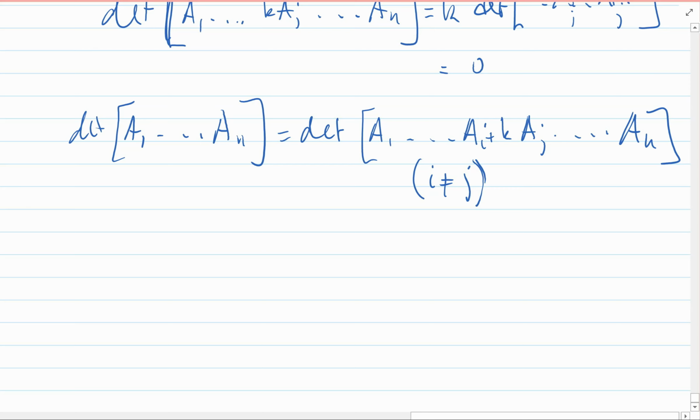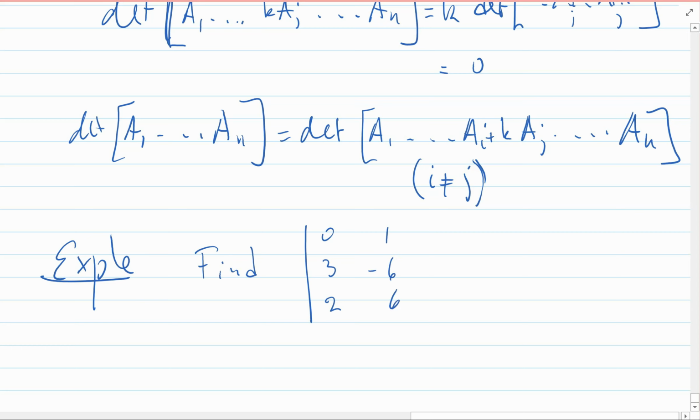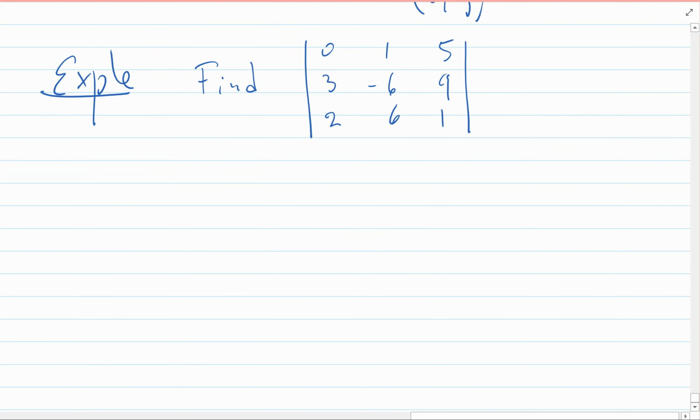So let us make some examples to illustrate what we were saying. Example: let us find the determinant of the matrix with rows 0, 3, 2; 1, minus 6, 6; 5, 9, 1.